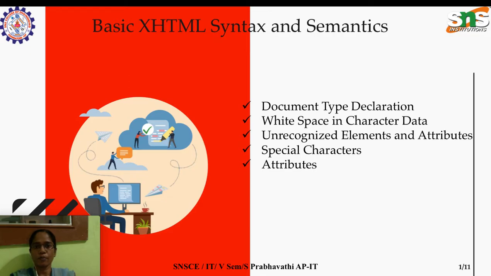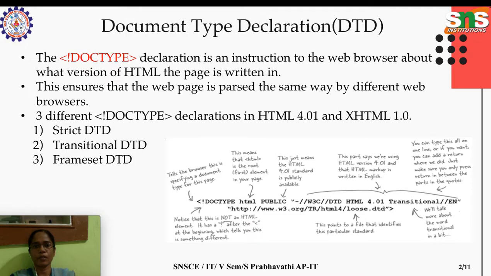In today's topic we are going to see the following topics: document type declaration, white space, character data, unrecognized elements and attributes, special characters and attributes. The first topic is DTD, the document type declaration.